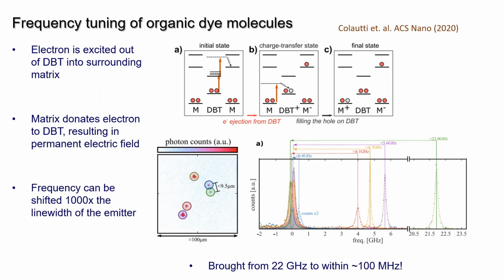If you do this enough, constantly shooting electrons out there, you can build a charged matrix. You don't really know if that's the case for sure. That's the first proposal which has been used to explain this very strange behavior, but it's very promising that we're able to get line widths to overlap from 20 gigahertz away. This is really something special.